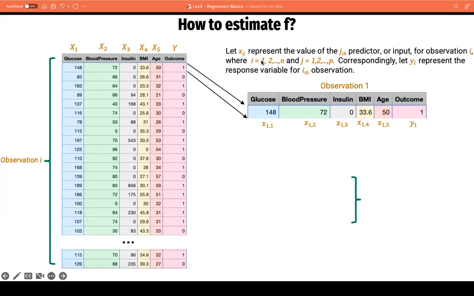The i refers to the number of observations, from observation 1 until the nth observation, while y sub i represents the response variable.